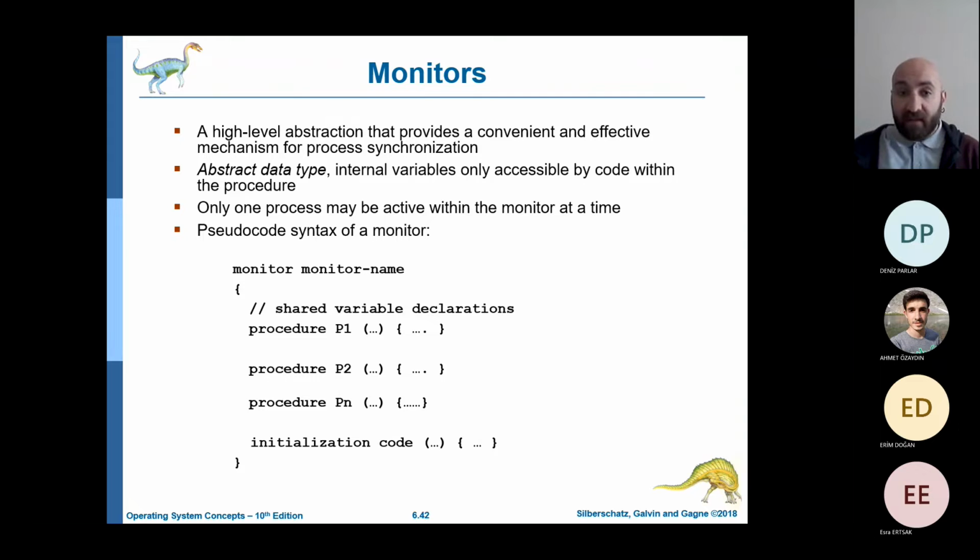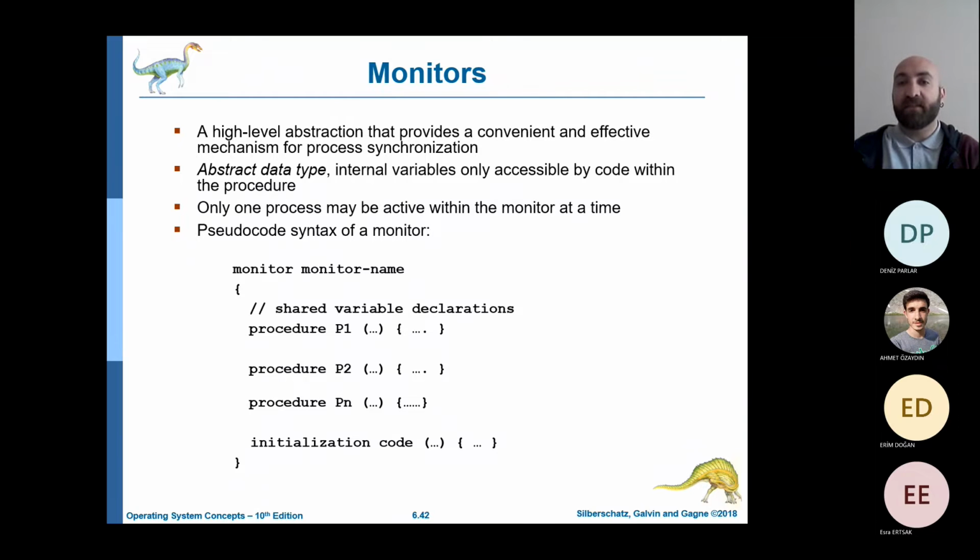You can find detailed information about monitors in our textbook, but I'm not going to give more details because it's a high-level language tool. In the C programming language, we cannot use monitors because the basic language cannot provide those data types.